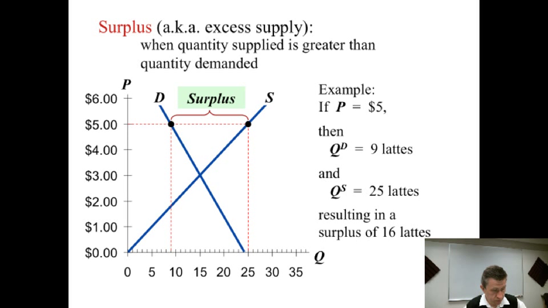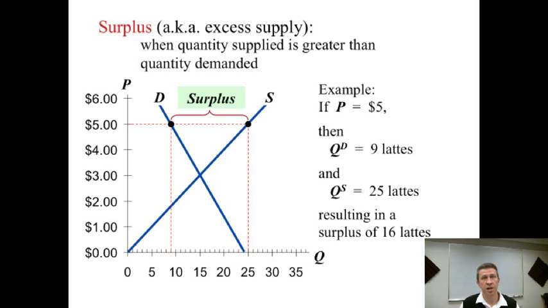That's a surplus. What do you suppose will happen, though, if there's a surplus, assuming no government restrictions, so the price is free to move? Imagine the farmer's market where this happens. If you have a surplus, what do you suppose the sellers will do to try to get rid of it?